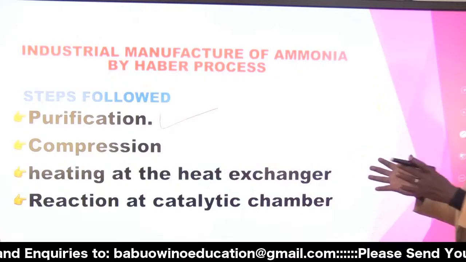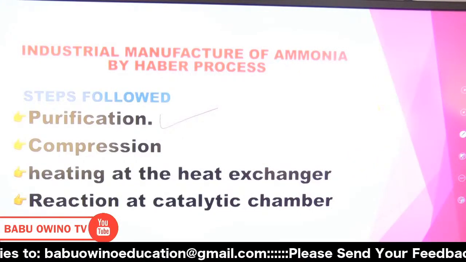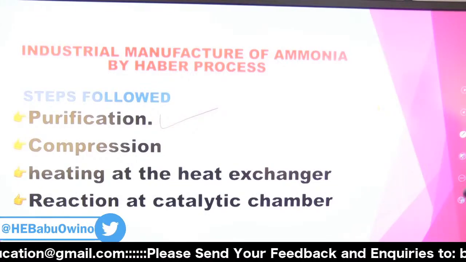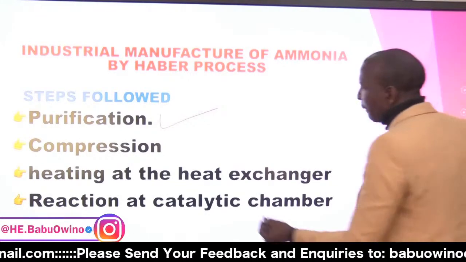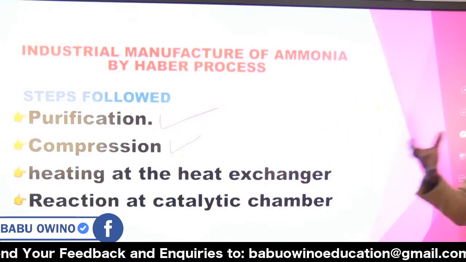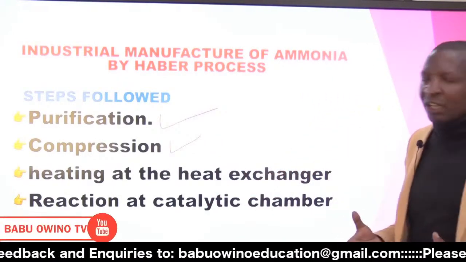So the steps that are involved in industrial manufacture of ammonia by Haber process, the first step is purification to remove impurities. The next step is compression. You compress to increase the pressure of the gases.